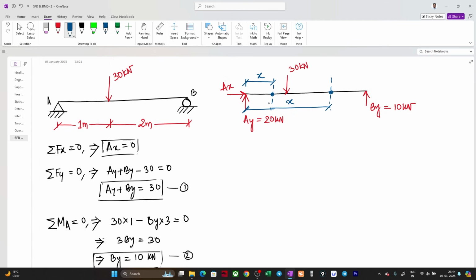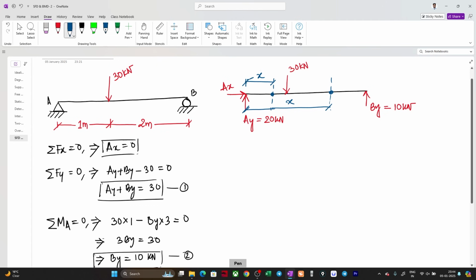Fine, let it be. So two sections we need to draw, right? For the first case, suppose summation of Fy equal to 0, first section. Okay, let me draw the free body diagram of this particular thing.